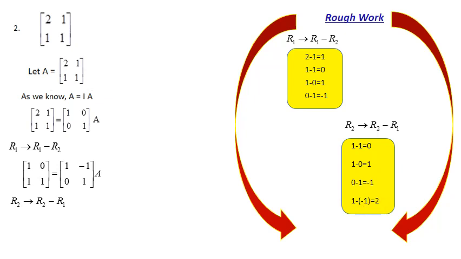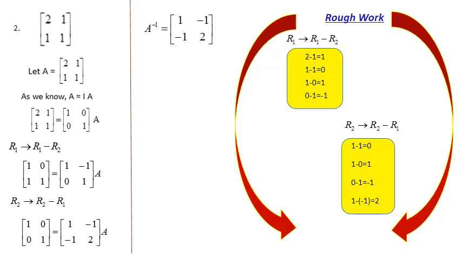So finally when we write the matrix, left side becomes 1 0 0 1 equal to 1 minus 1 minus 1 2. See here 0 1 is changed to minus 1 and 2. So the final answer becomes 1 0 0 1 equal to 1 minus 1 minus 1 2 into A. So the answer is a particular matrix into A is equal to 1 0 0 1.